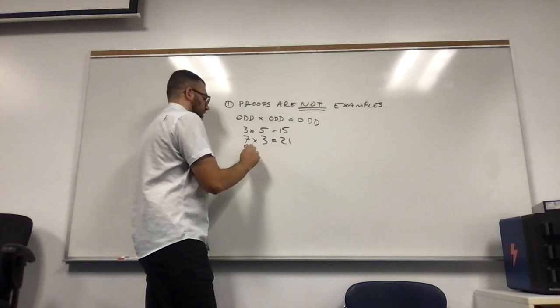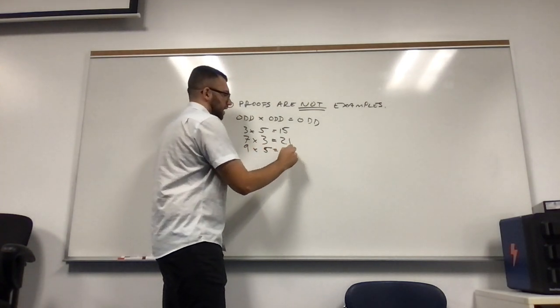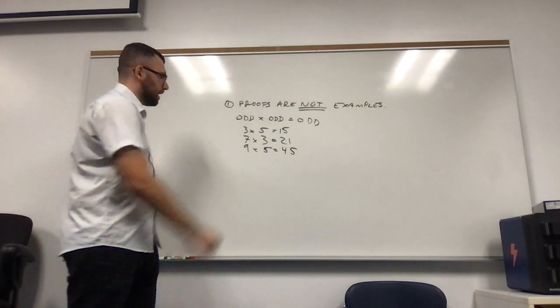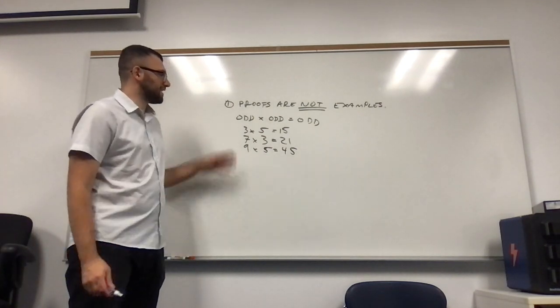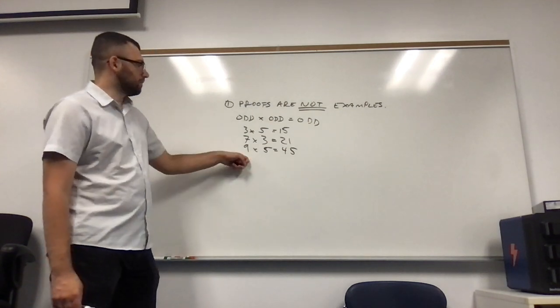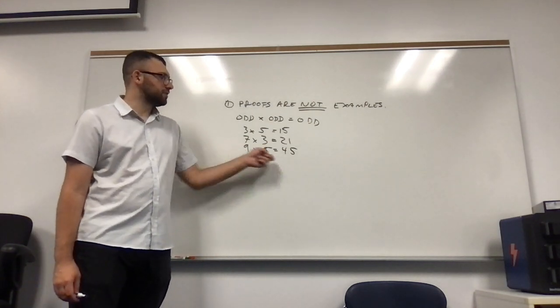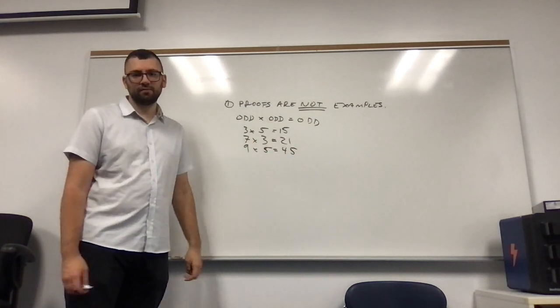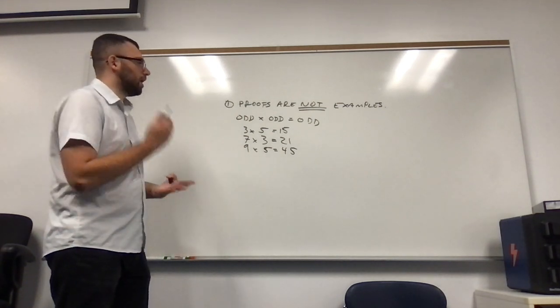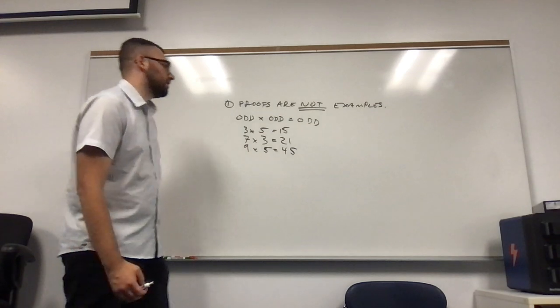We can check 9 times 5, 45, it's odd. We've given 3 examples. You could give me 100 examples, but you still haven't done every possible example. What if there's some pair of odd numbers that you multiply and you get an even number? You haven't shown me that every possible pair is going to be odd.